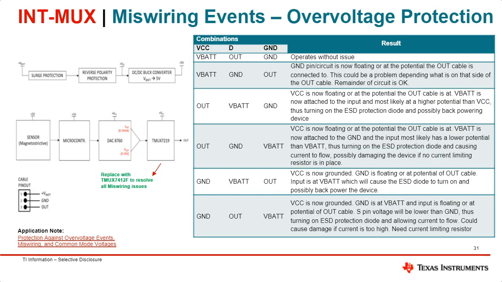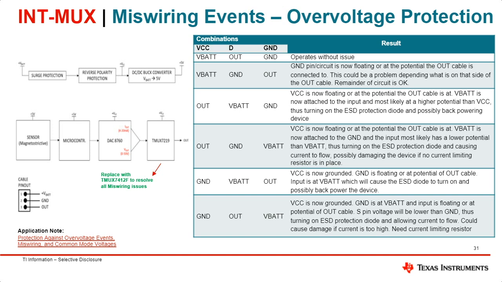This is an overvoltage use case, and also a miswiring event. A customer had a problem with our TMUX7219. Basically, the problem was that it got back powered. So we replaced it with the TMUX7412F, which has the fault protection feature, overvoltage protection.